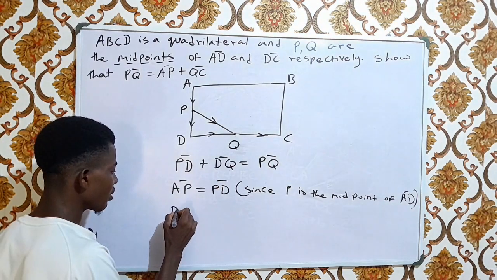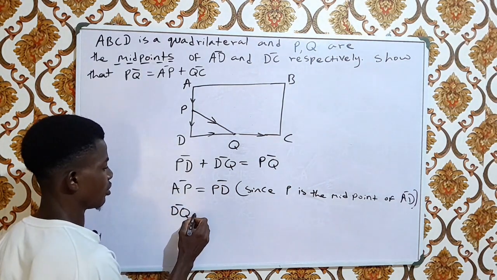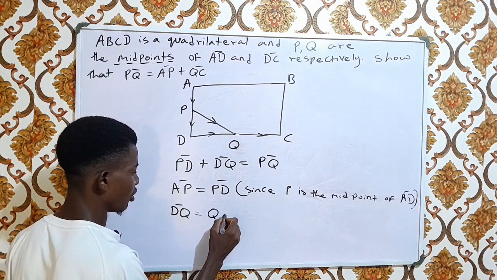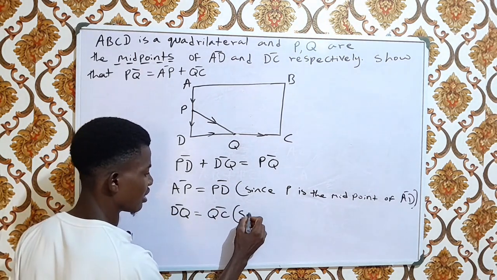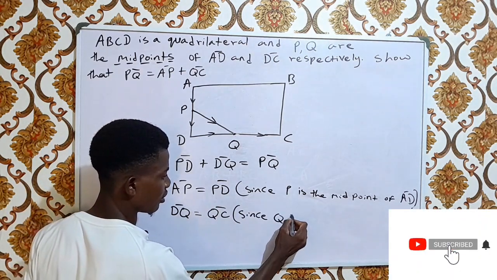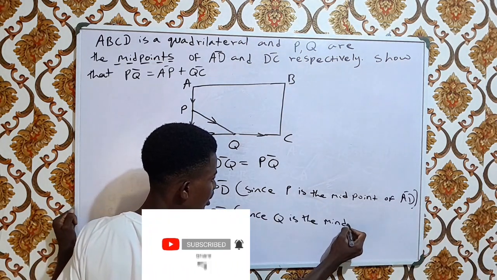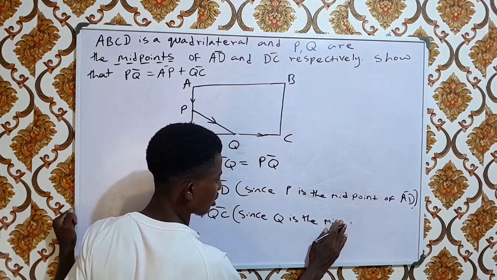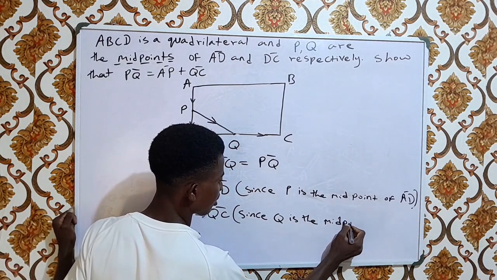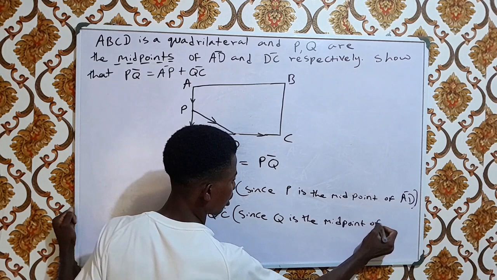Another one, DQ is equal to QC, since Q is the midpoint of DC.